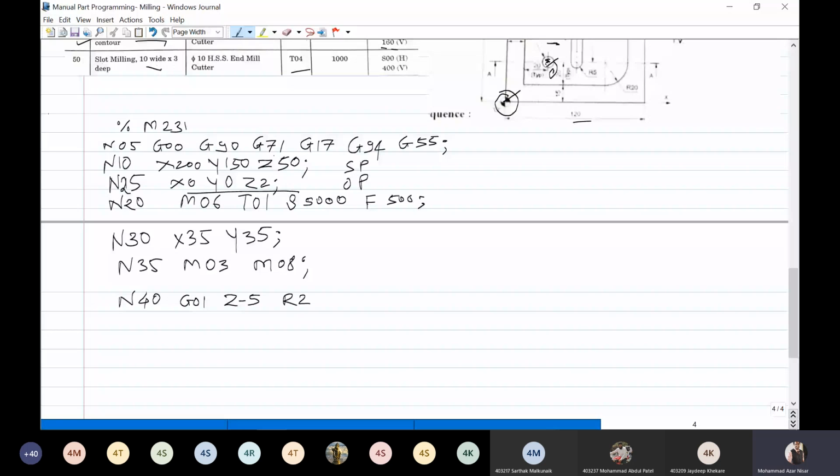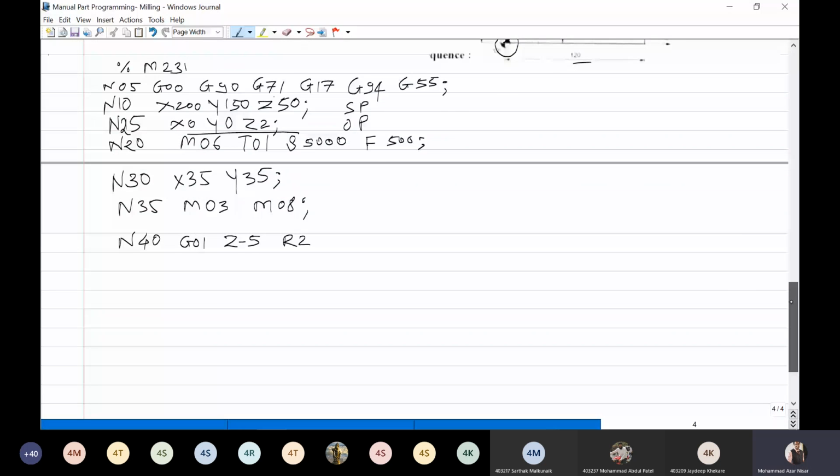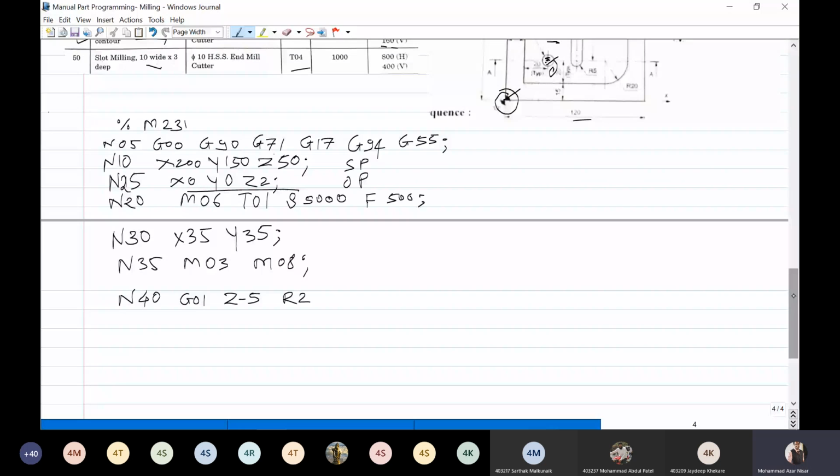You can take Z-3, 5 or 6, but not more than 8, because it is just a center drill. And you can give a feed rate that is already given, that is 500 mm per minute. So it makes this center drill over here.